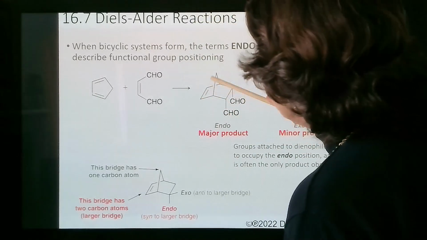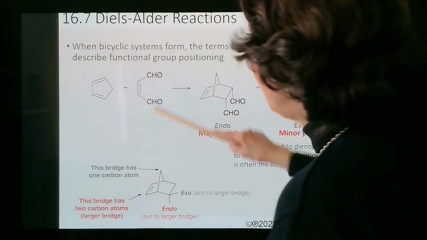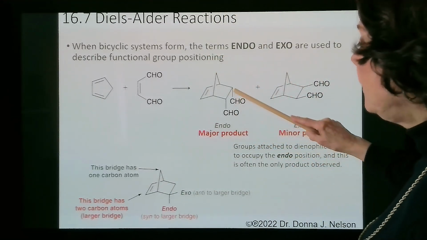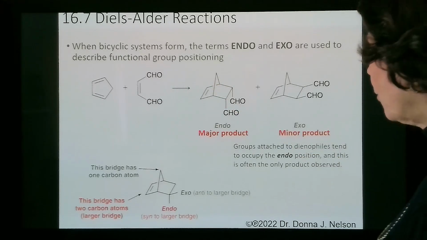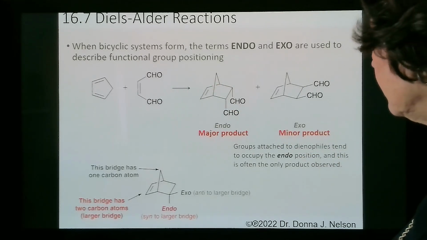This incipient carbon-carbon double bond will interact with this pi system favorably, so that it favors this endo product. And so in the next lecture, we will go on to other pericyclic reactions.